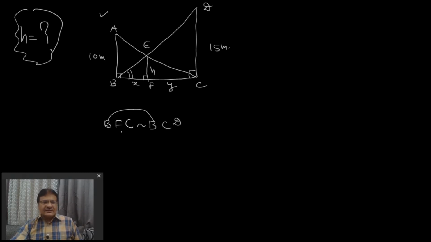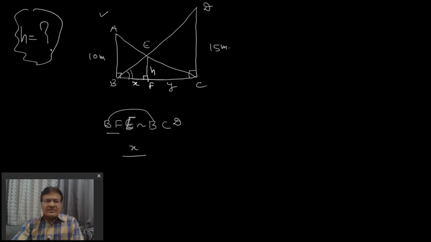So can I say the base BF of the small triangle divided by the altitude of the small triangle, that is h, this EF. What I am taking is BFE, don't confuse.